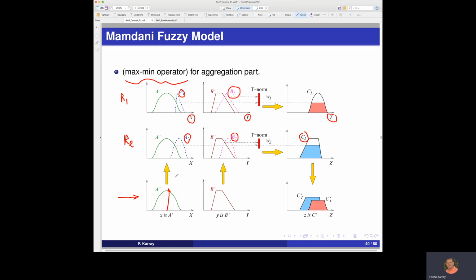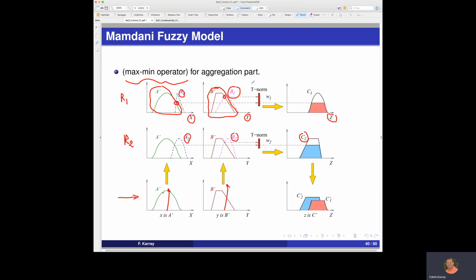So the first thing that we do, we project these type of values, these membership functions. So we have A prime here, B prime here. As you can see, I reproduced them here. Then we take the area of the intersection, the degree of validity of A1 and A prime, and then the degree of validity of B1 and B prime.